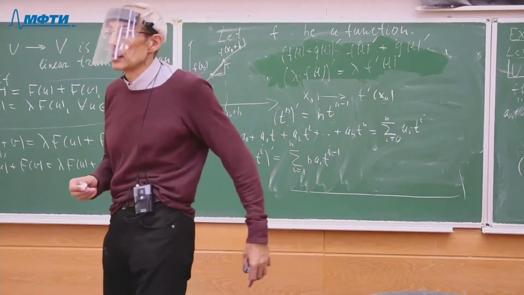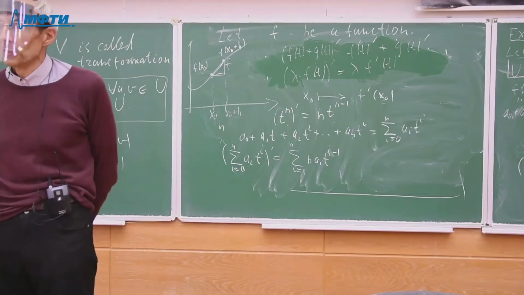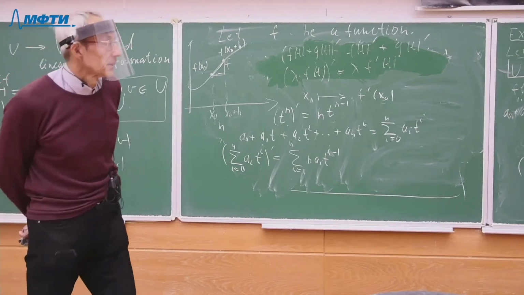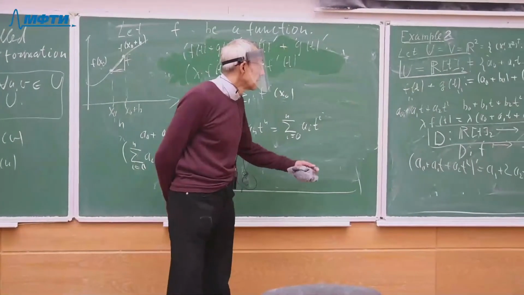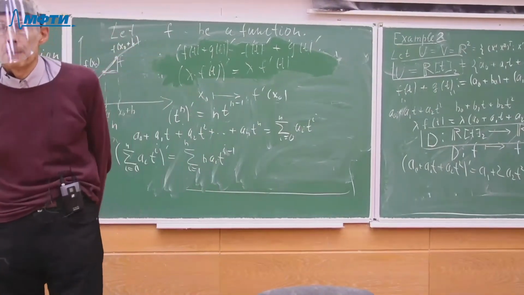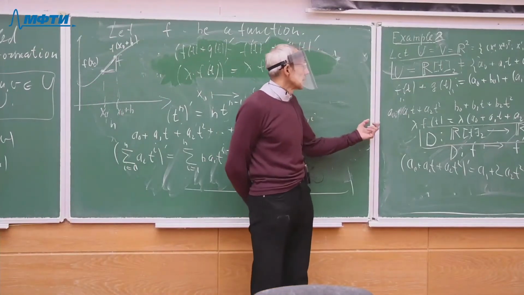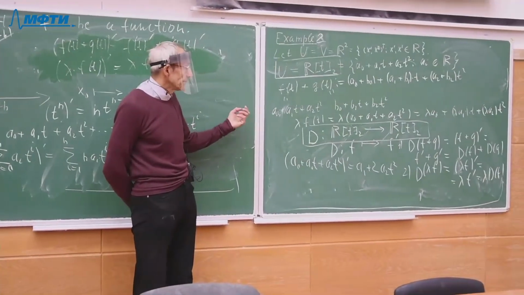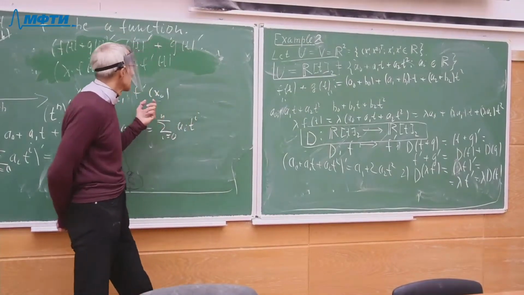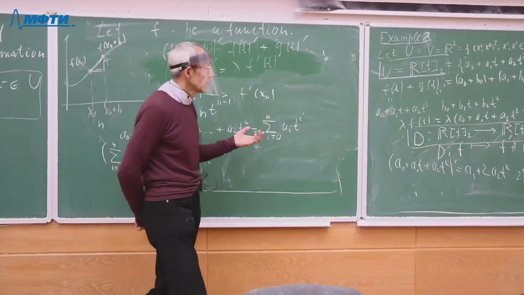Do you understand what the derivative is? The main object in mathematical analysis. And for us, in the context of our lecture, the importance of this object is the following.